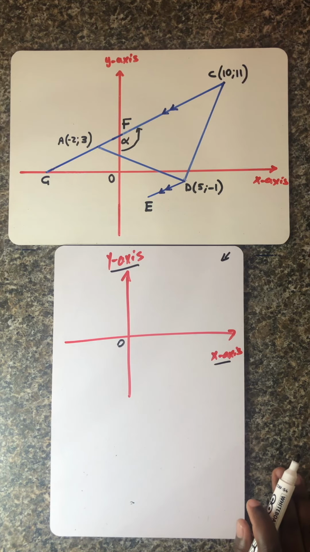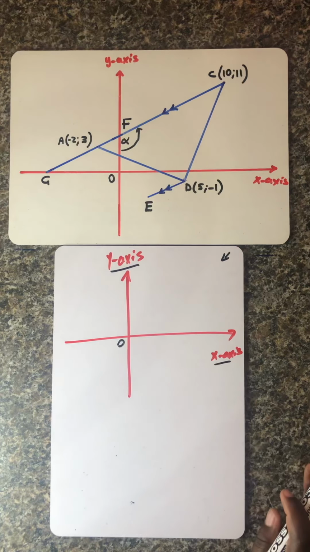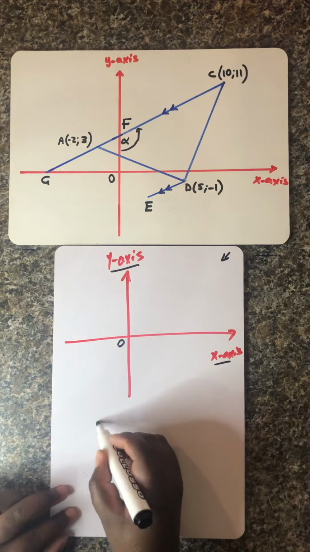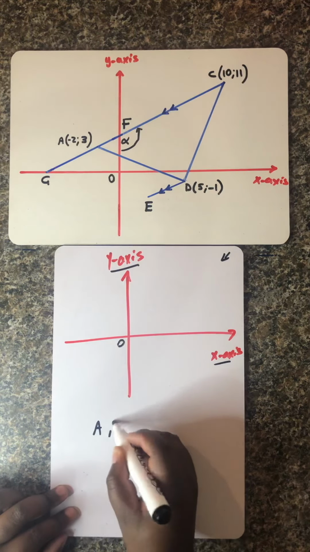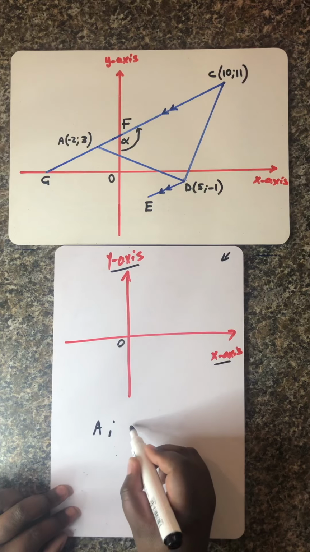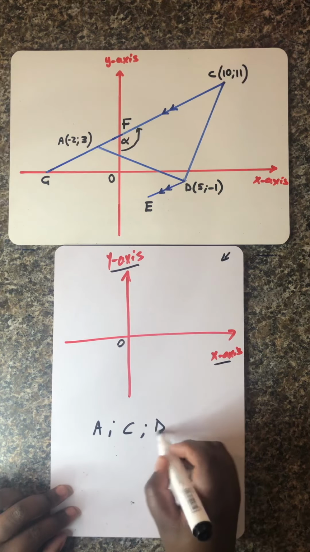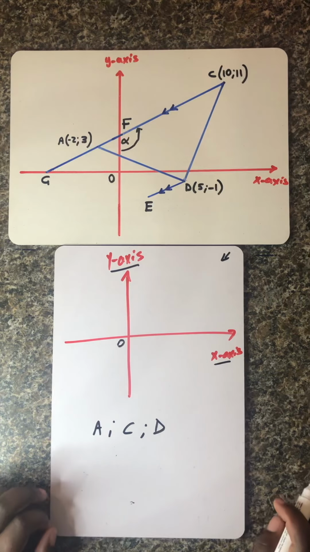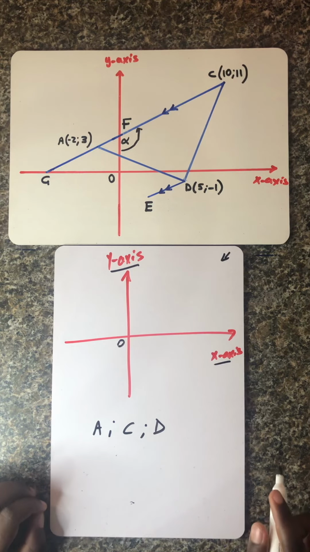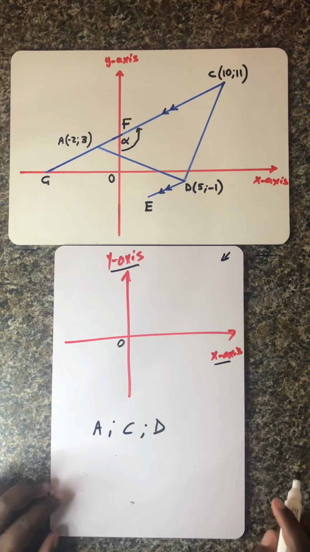As you can see in the diagram, we've got 3 known coordinates: A, C, and D. Very important that you plot those given coordinates.